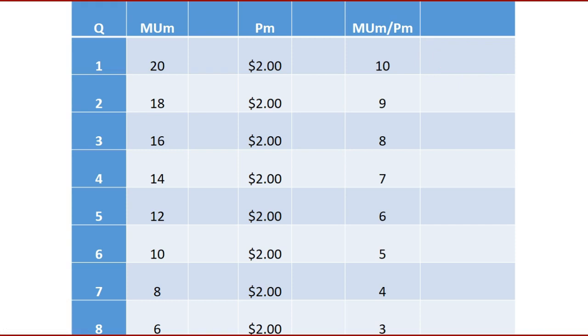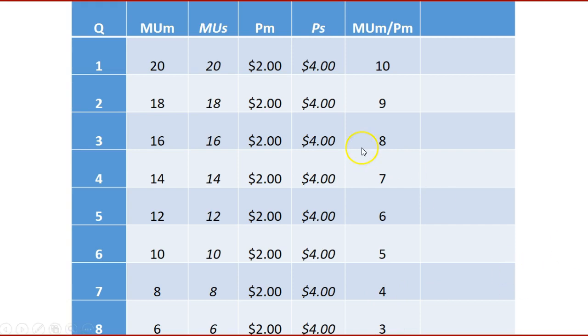So we've got the marginal utility per dollar here for Mars bars. Now we need to do it for Snickers. Here's the marginal utility from each bar of Snickers, from the 1st down to the 8th, and the price of the Snickers is $4 each.